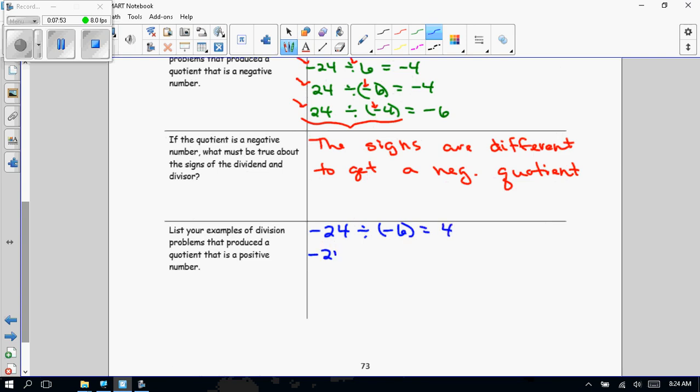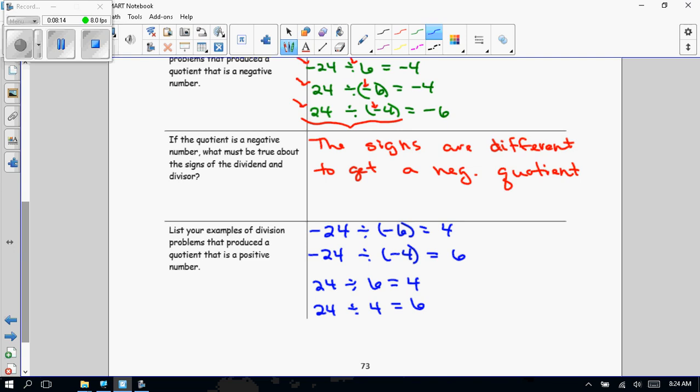And then I had negative 24 divided by negative 4, and it gave me a positive 6. And then I'm going to toss in 2 more that aren't up there, but they are facts. 24 divided by 6 gives me 4. And I could say 24 divided by 4 gives me a positive 6.